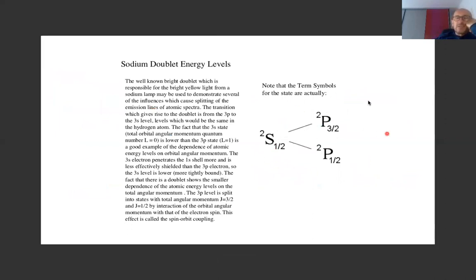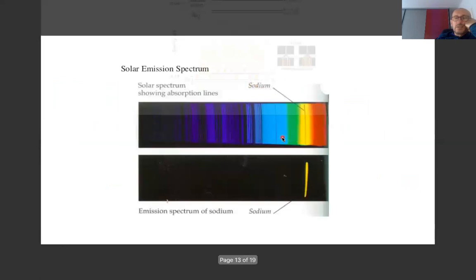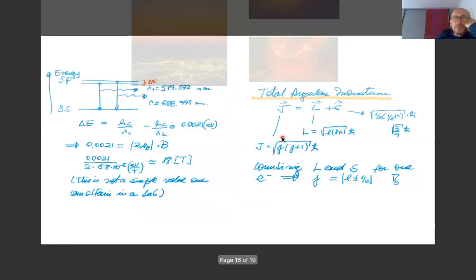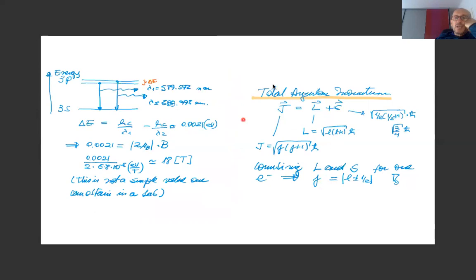There is an interesting way of labeling the states. I actually made a brief note here. We have the total angular momentum, which we call J. J is equal to L plus S. If I have a particle with an orbital angular momentum equal to 1, there are two possibilities for the total J: either the spins align up, or they are anti-aligned.